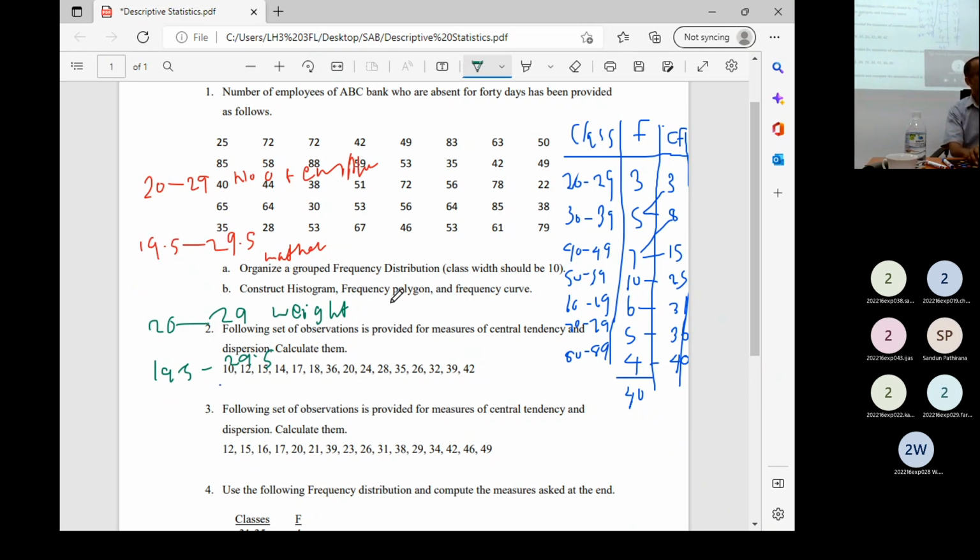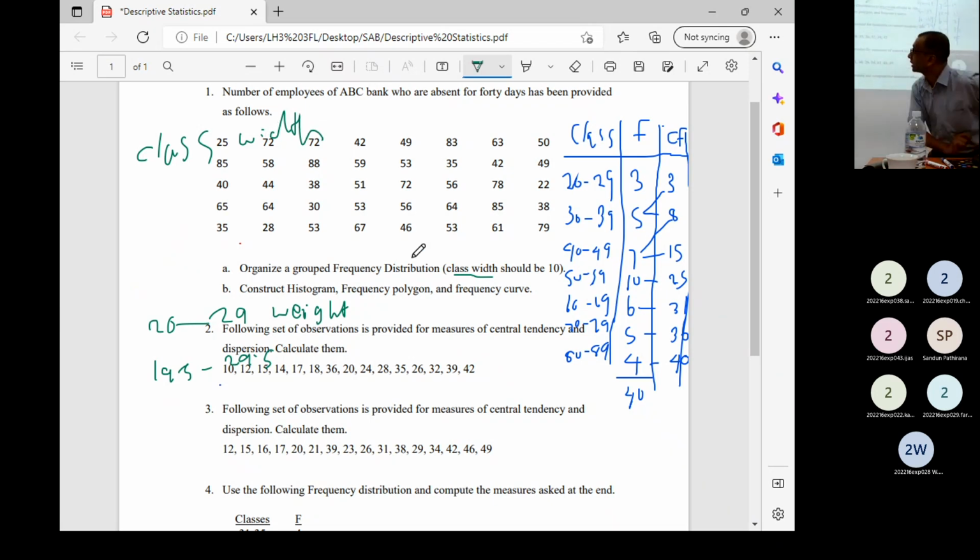Right, then we need to understand the next one, that is class width. Class width means the difference between real limits is called class width.